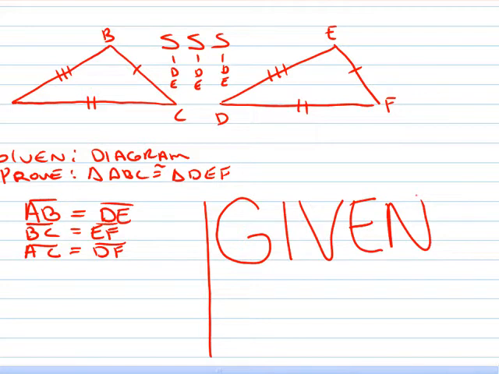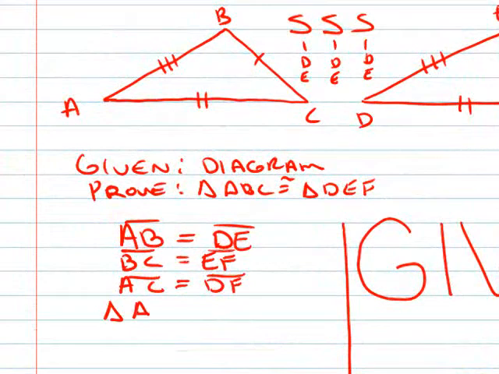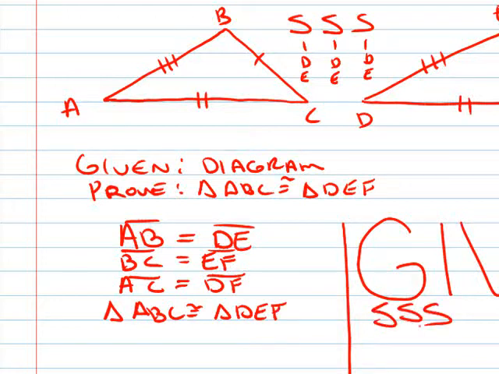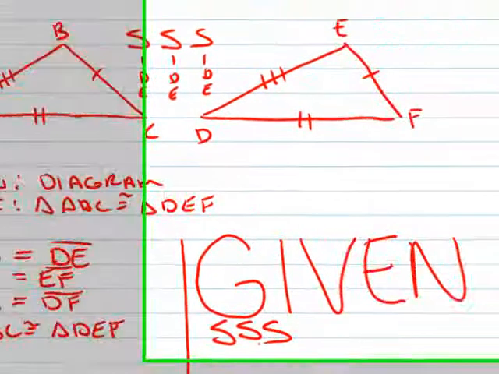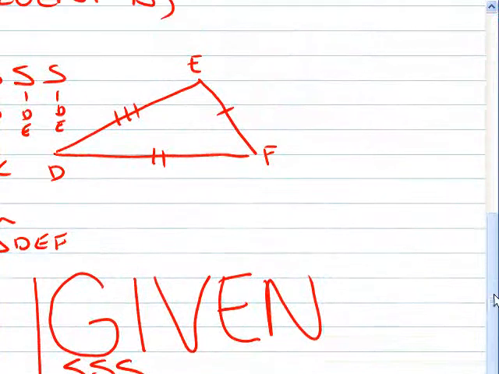Once you've stated that you have three pairs of congruent sides, then you can say these two triangles must be congruent because side, side, side. You won't find many proofs easier than that.